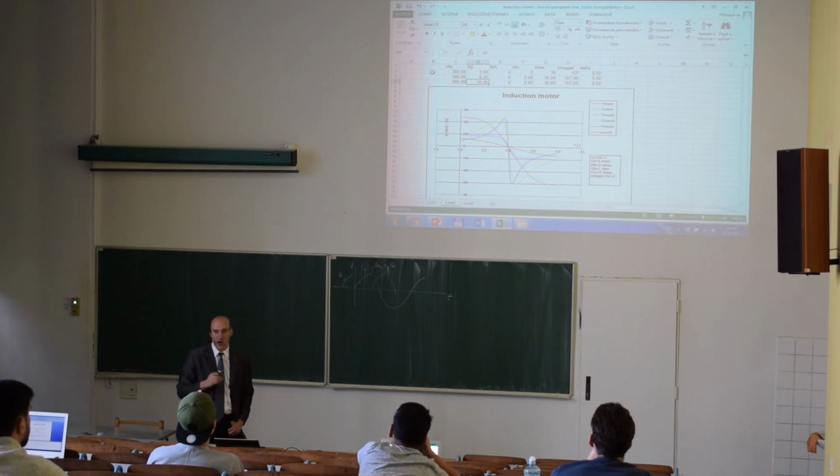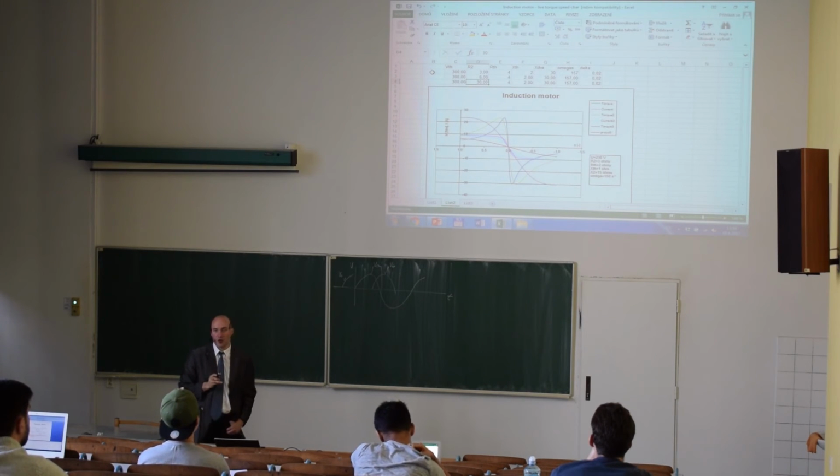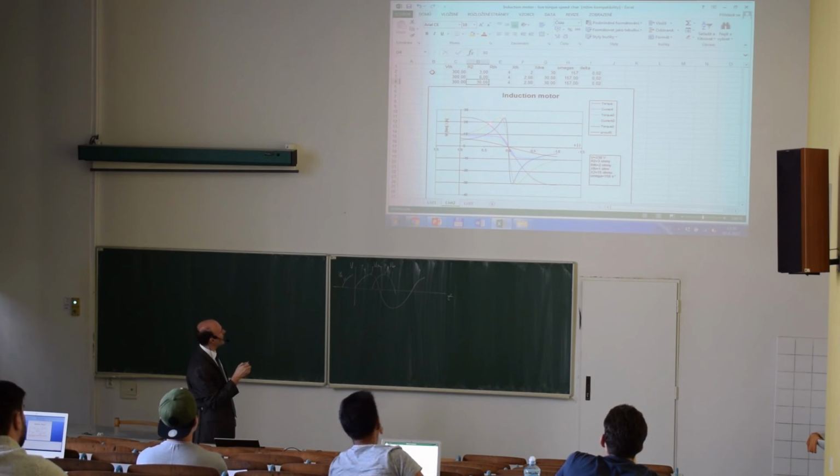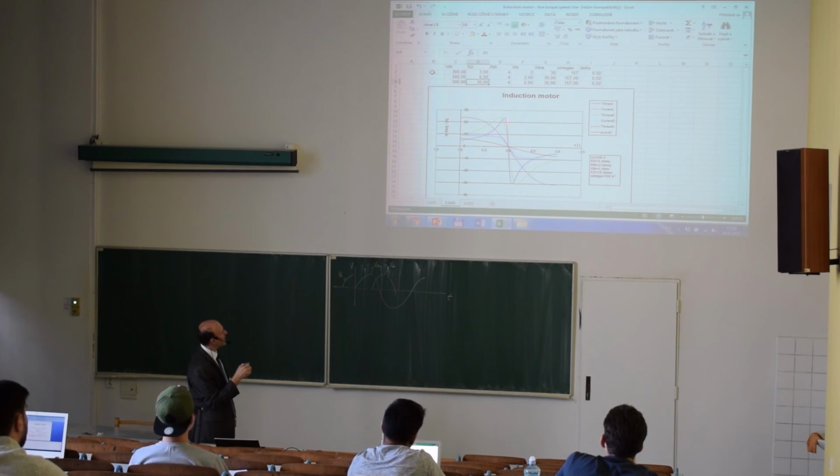So I have decreased the resistance in the rotor, for example, by using different material or by increasing the cross-section, it did not have that effect on the torque, but it had an effect on how sharp this characteristic is.